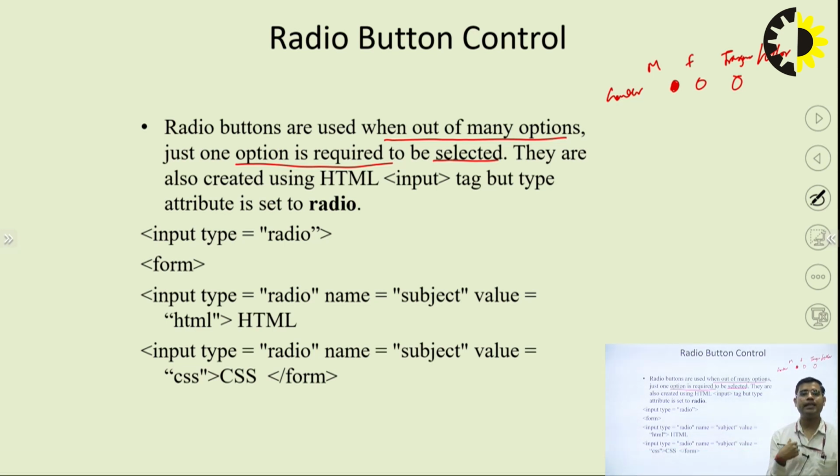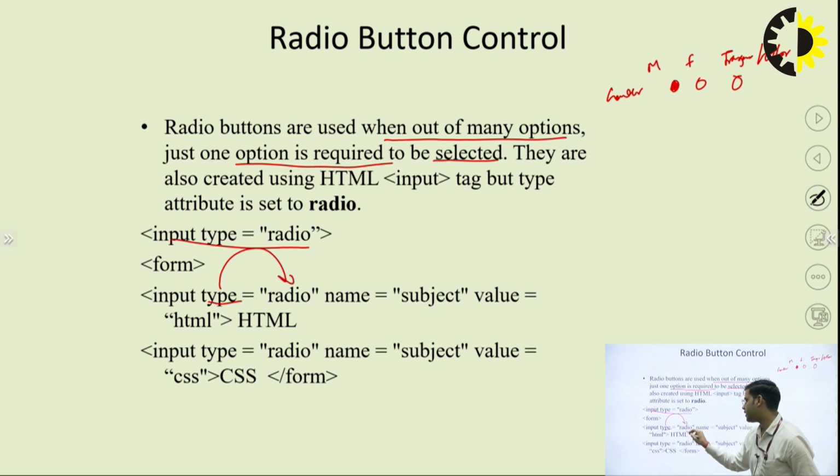So how can we create the radio button in our HTML page? Using the input type radio. So input, when you give the type attribute's value as radio, regarding this, one button is created.